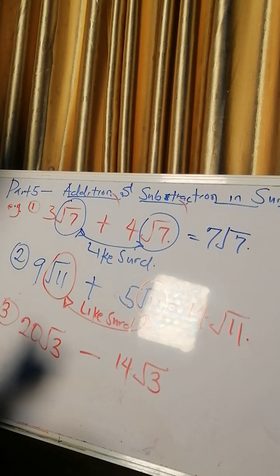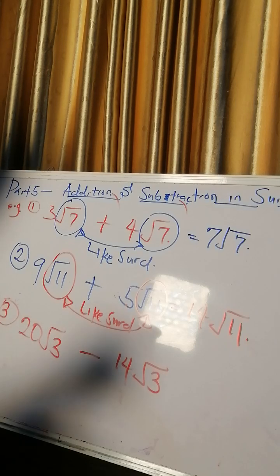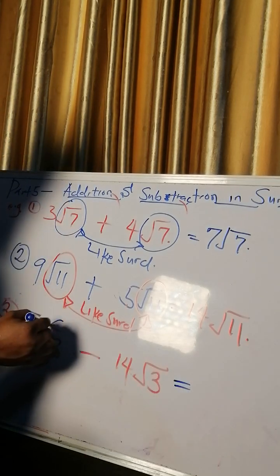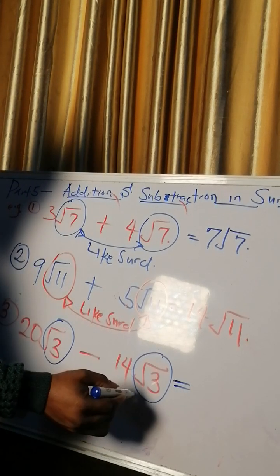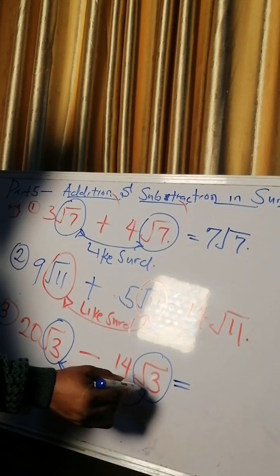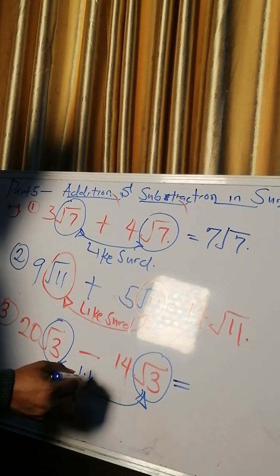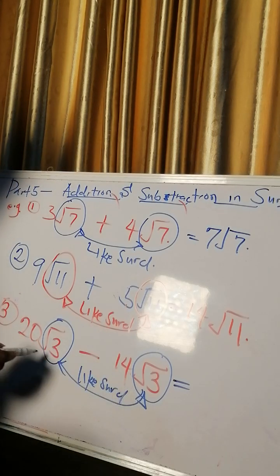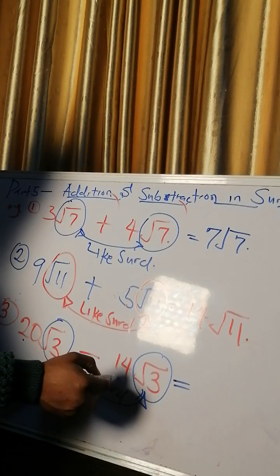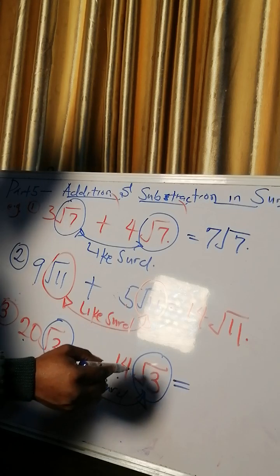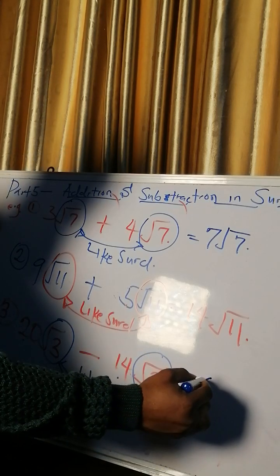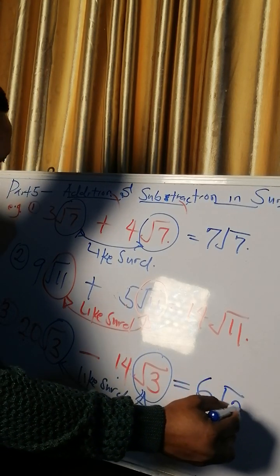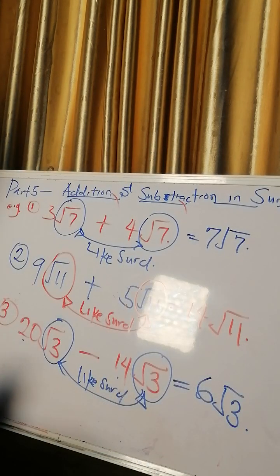So from this you can see that it's very, very simple. This root 3 that you see here, they are what? Like surds. Then I can go ahead and subtract 20 minus what? 14. So 20 minus 14 will give us 6 root 3. It's as simple as that. That is what we call addition and subtraction.